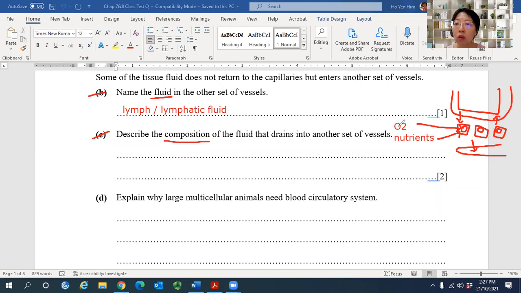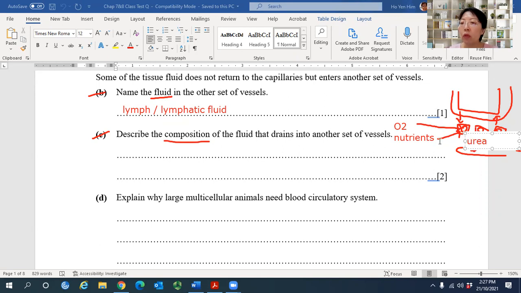Of course the cell will use oxygen for respiration, and therefore it will release CO2 as a product of respiration, as well as water, which is also a product of respiration. And of course, there are cells in the liver that will produce urea from excess amino acids.